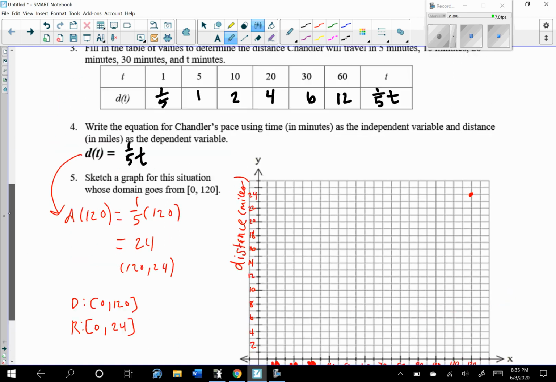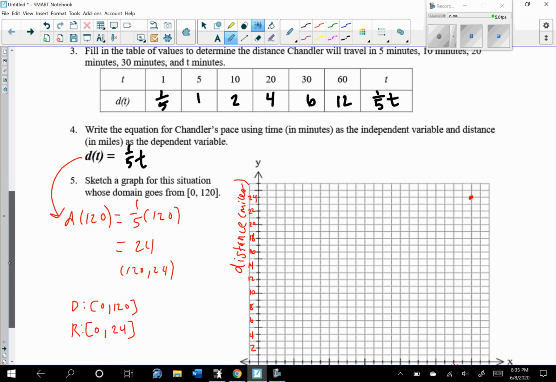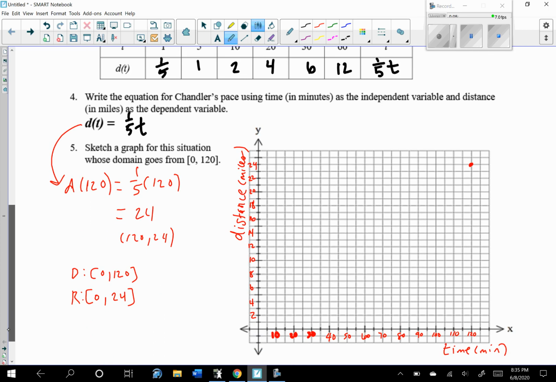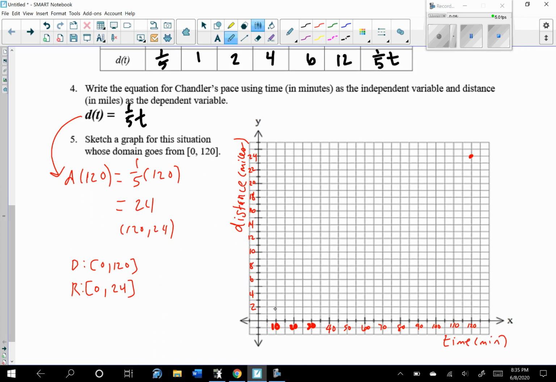We can use the table that we had to go ahead and graph. If I plug in 0 into my equation, I would get 0 out. If I plug in 5, we know that's 1. Then 10 is 2, and 20 is 4, and 30 is 6, and 60 is 12.